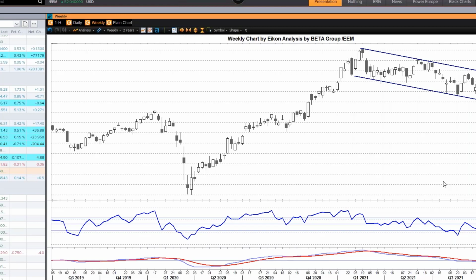Breaking up out of it would be pretty constructive, given that this leg was so strong and the pullback has been relatively weak. So there are ups and downs in this, and it could come back to life. But would I do anything now? No, I wouldn't. It's actually still drifting, and we could put in another high in the channel and turn down again. Couldn't we very easily do that?